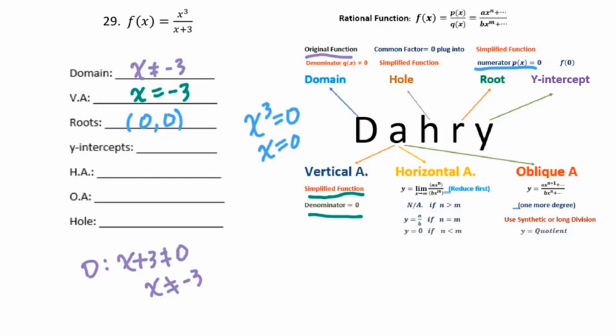For y-intercept, basically that is f of 0. So we got f of 0. Plug in. You will get 0 to the third power over 0 plus 3 equal to 0.